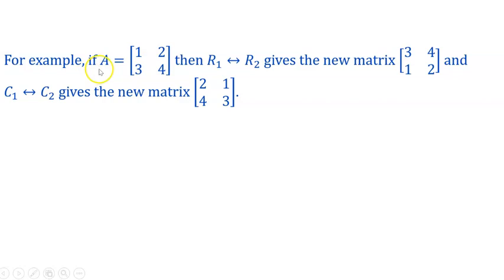For example, if A is the square matrix 1, 2, 3, 4, then R12 gives the new matrix. That is, if we interchange first and second row, then we'll get the new matrix. First row is now 3, 4, and second row 1, 2. And if we change the columns, C12, then the new matrix is 2, 1, 4, 3.